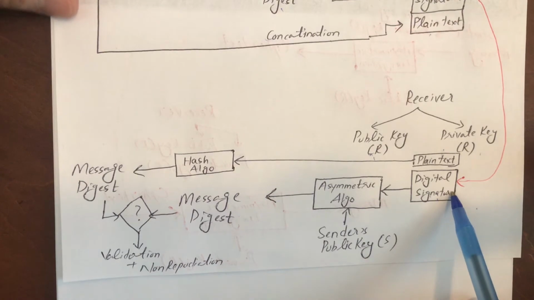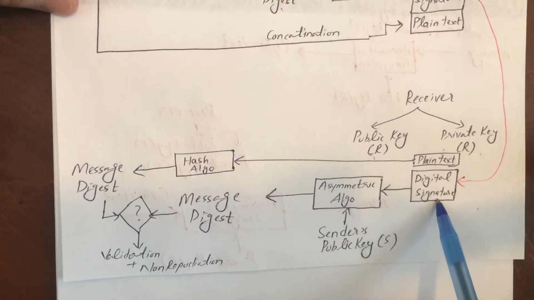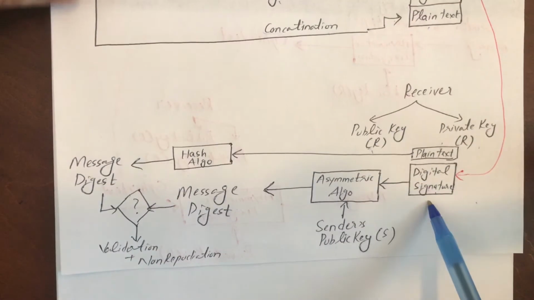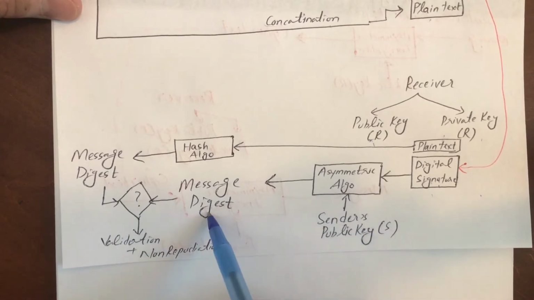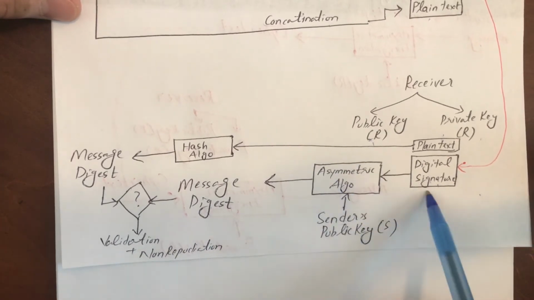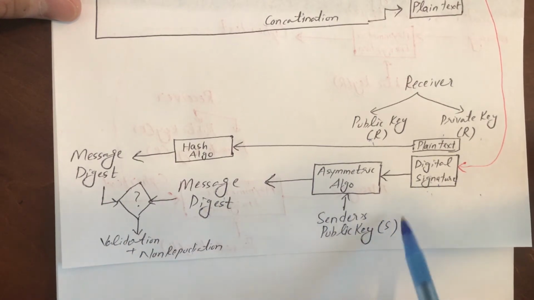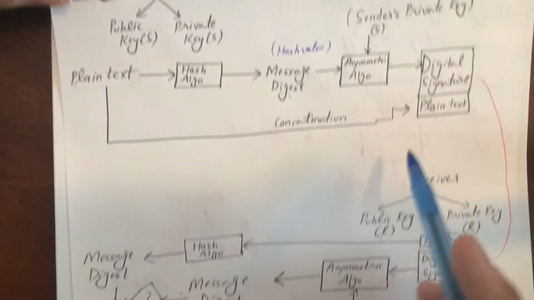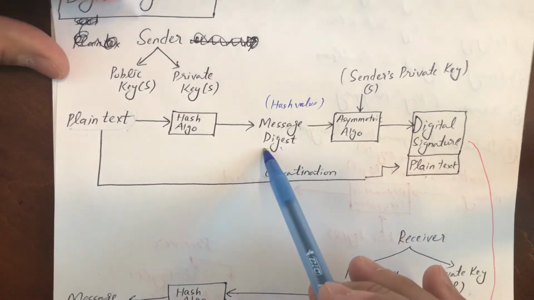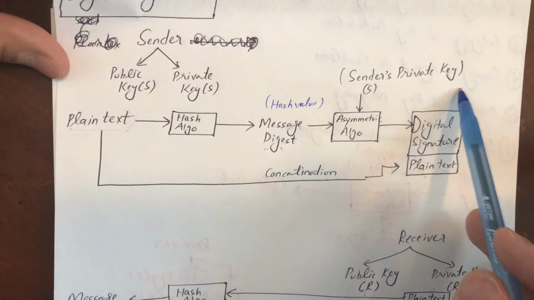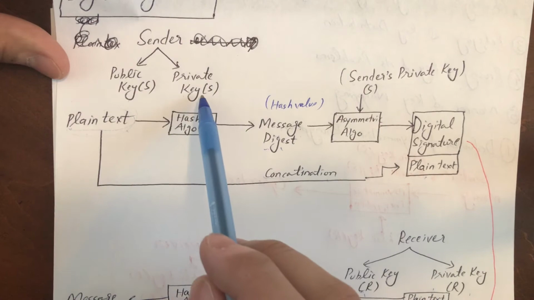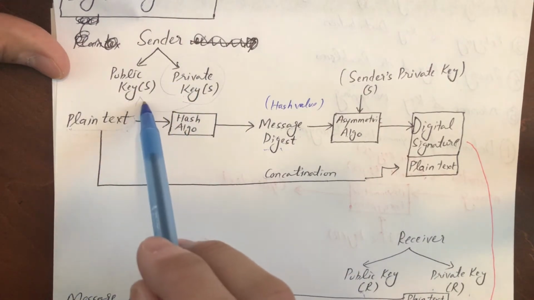Now for the digital signature, receiver will reverse the process. Receiver will decrypt the digital signature to get the message digest by using sender's public key. Why? Because this message digest was encrypted using sender's private key. As I told you, anything encrypted with a private key can be decrypted using the public key.